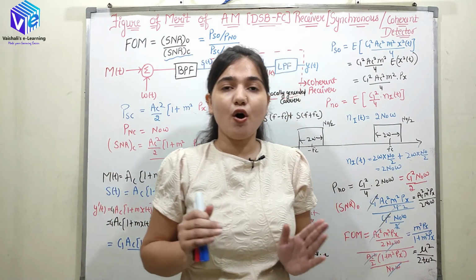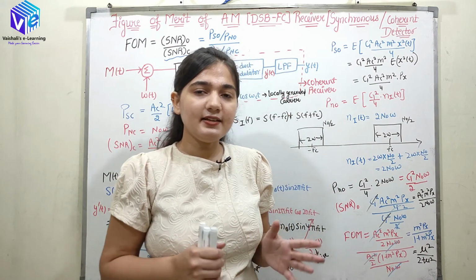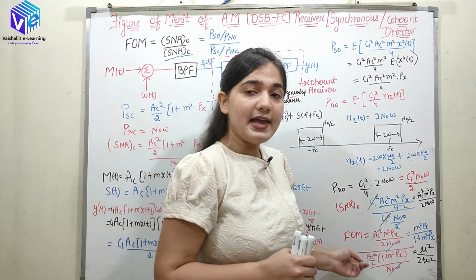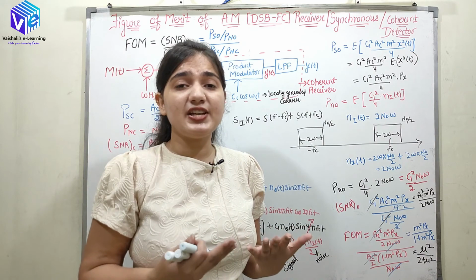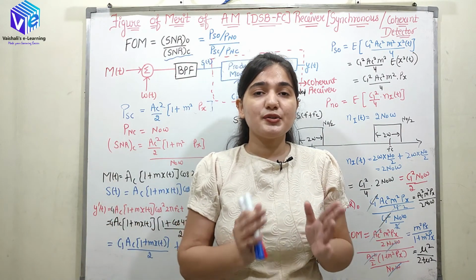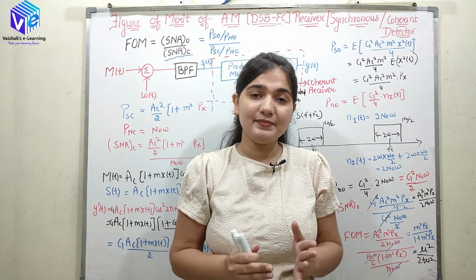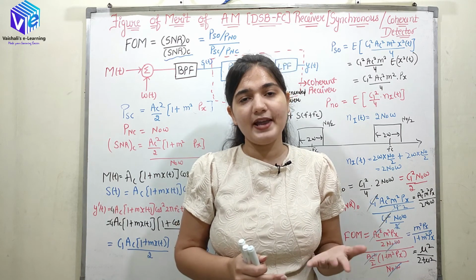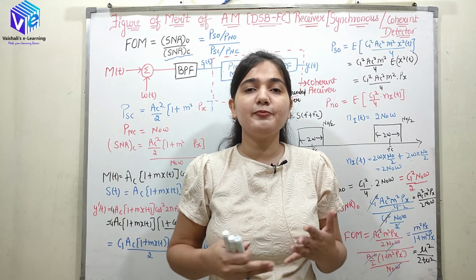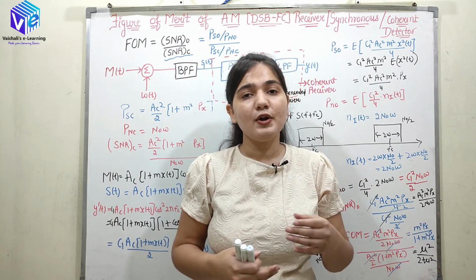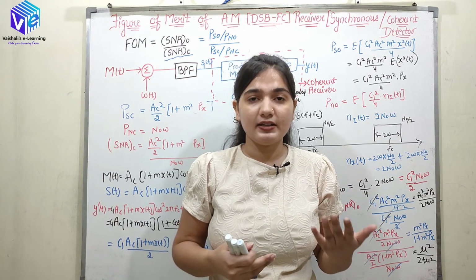So in the case of AM, we'll be seeing that the figure of merit is equal to the efficiency only, and the maximum efficiency can go up to 1. So in the case of AM, the maximum figure of merit will go up to 1 only. So this is the drawback, because in FM we'll be seeing that the figure of merit is greater than 1.